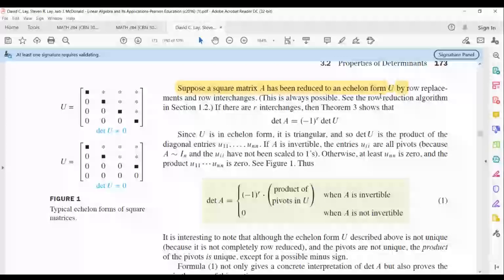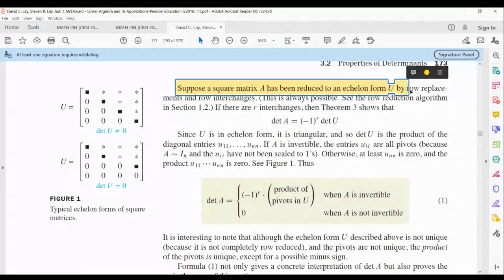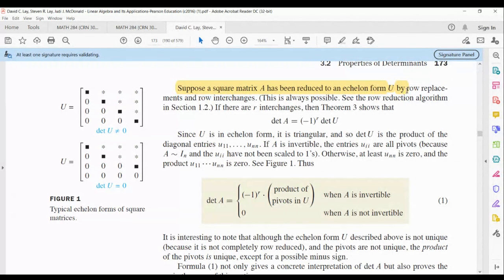All right. Well, let's see here. So, okay. So the book in section 3.2 here, I'm trying to not have it highlight everything in the world here.